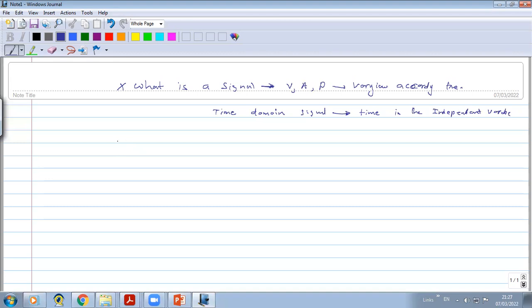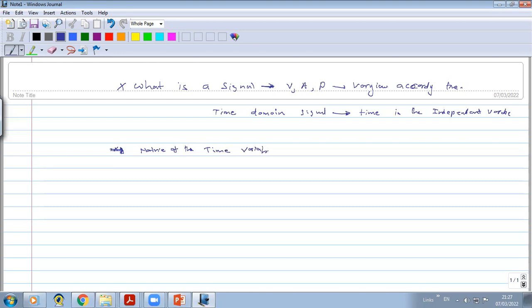Okay. So we have seen some classification of signals. We have learned that there is no standard to classify a signal. We can classify a signal based on several parameters. For example, first we classified the signal based on the nature of the time variable, the independent variable.